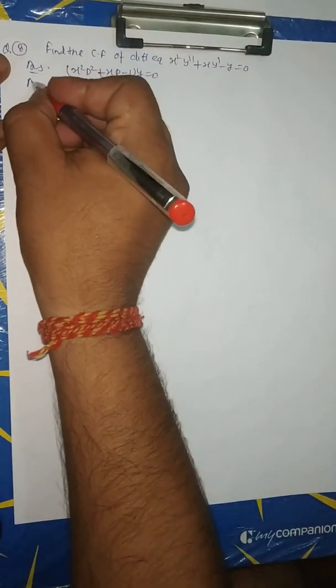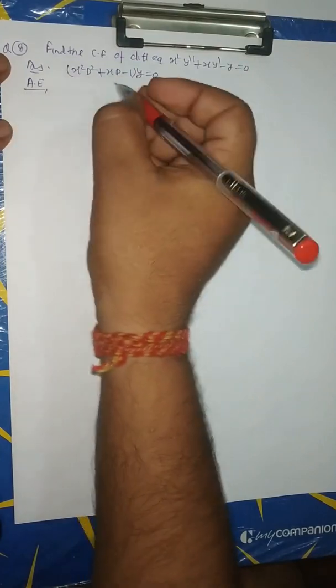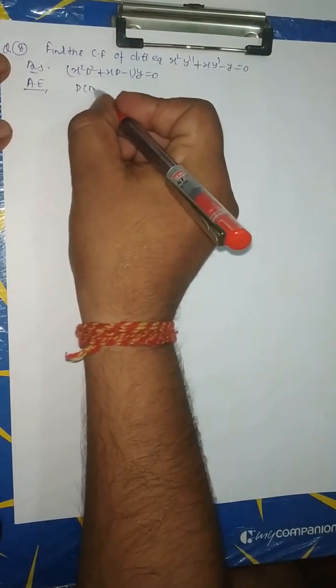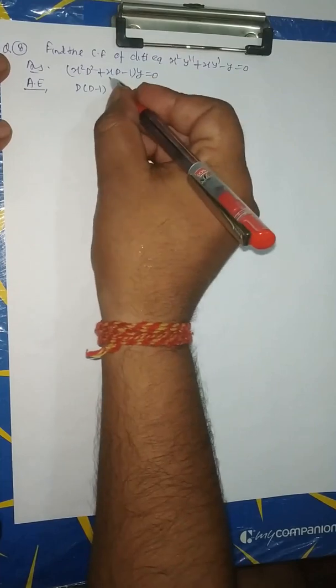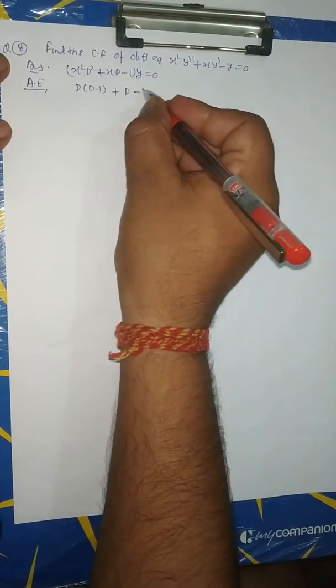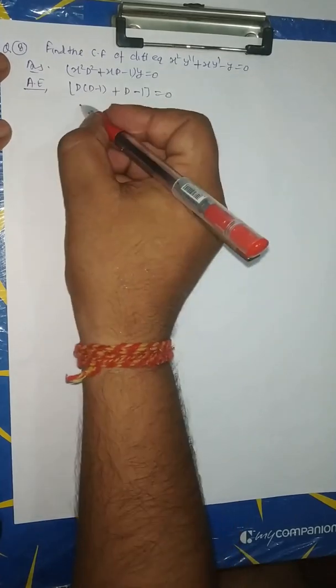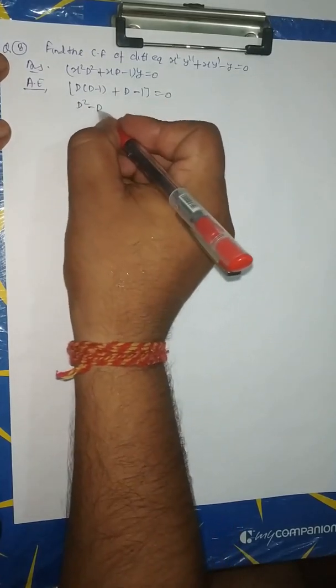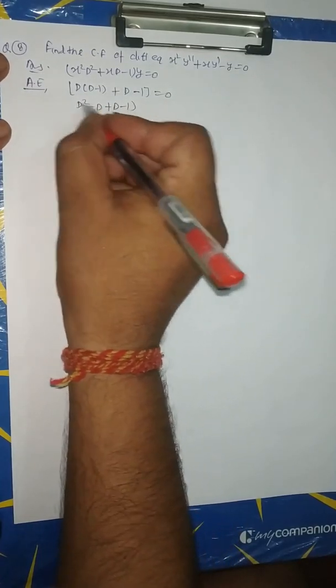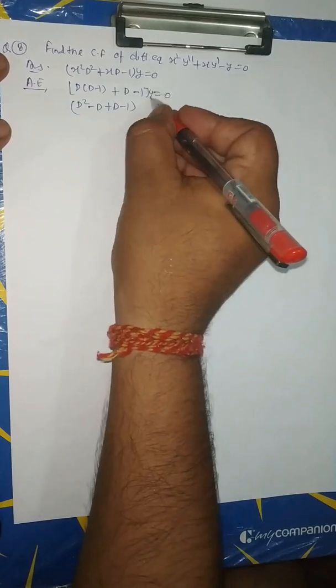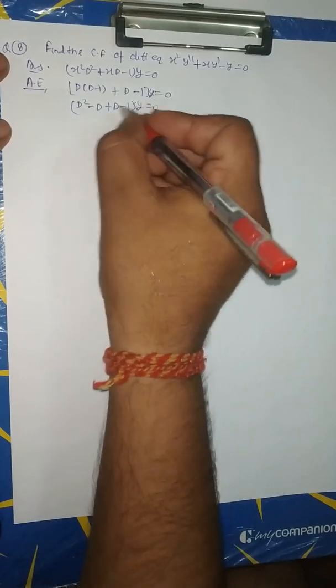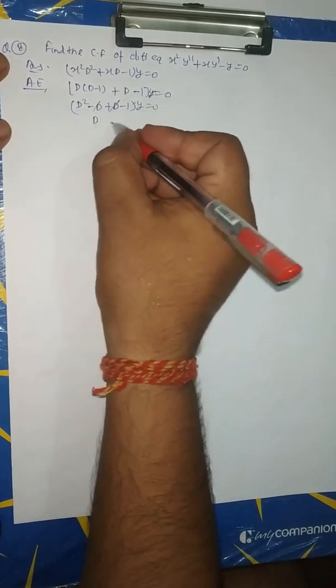Now, the auxiliary equation can be written as D(D minus 1) plus D minus 1 equal to 0. Now D square minus D plus D minus 1 equal to 0. Now D equal to plus minus 1.